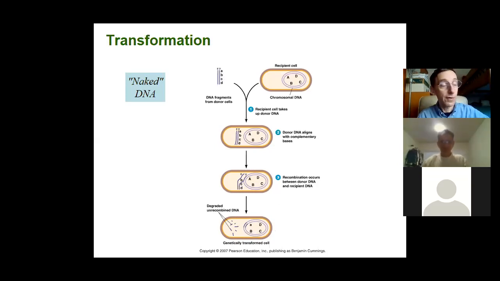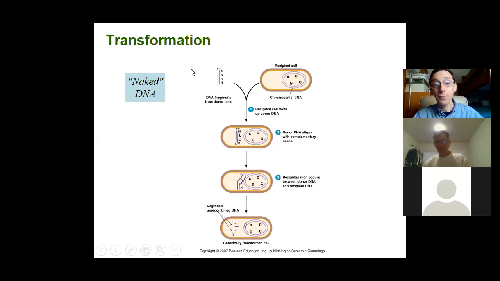How important is transformation as well as conjugation and transduction? Well, mutation happens in about 1 in 10 to the 6 genes. So if we're looking at the gene for antibiotic resistance, it happens in bacteria only 1 time in 10 to the 6 cells by spontaneous mutation.